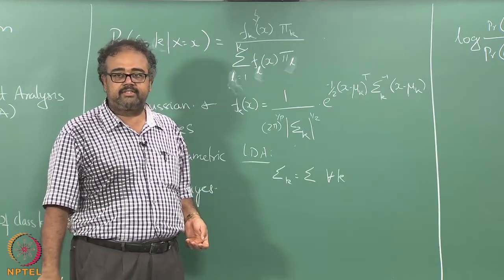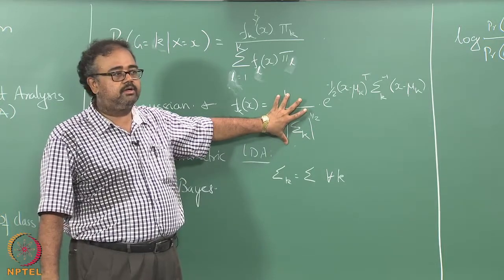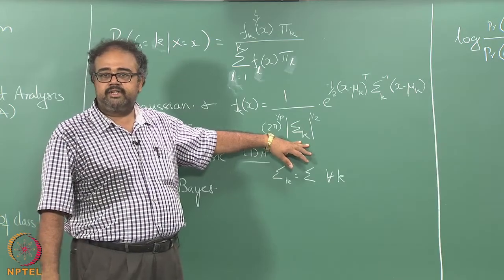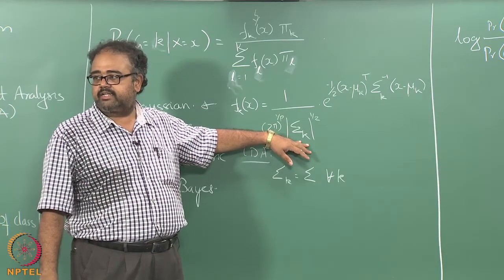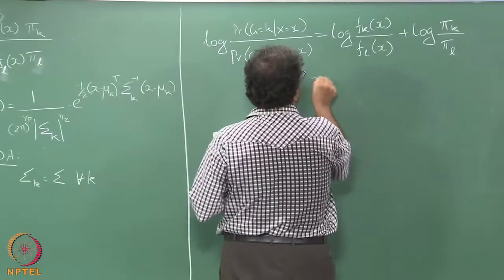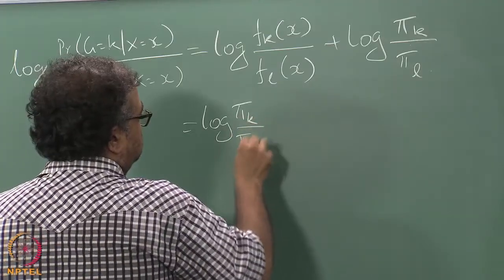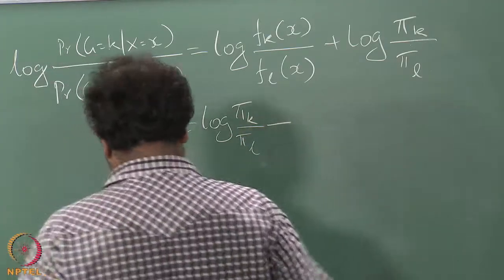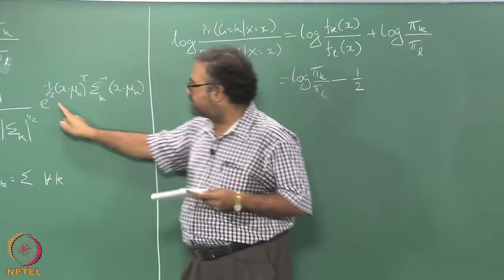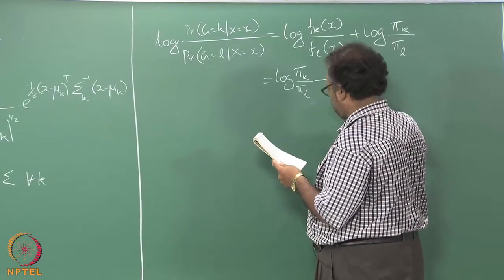So what other terms can cancel out? This has sigma k, it will become sigma, so when I take the ratio of the two things, this term can go. I do not have to worry about that. And this log and there is an e, so all of that will go away.